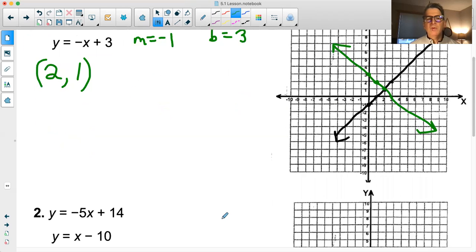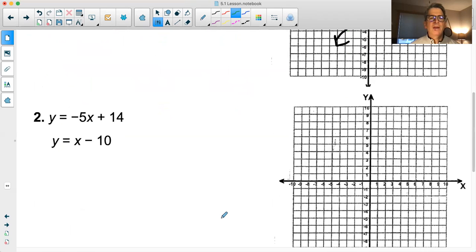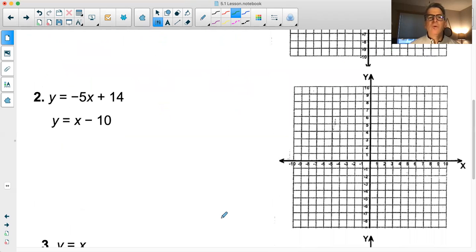Let's take a look at number 2. Y equals negative 5x plus 14. Okay, now 14 is going to be off our grid here. So we're going to have to maybe find some points a little bit better. So I've got a slope of negative 5 and a y-intercept of 14.